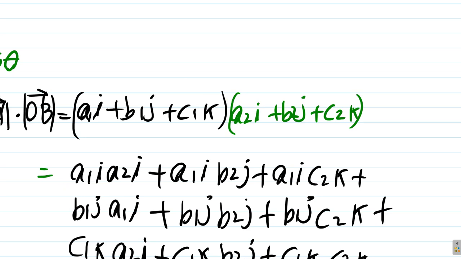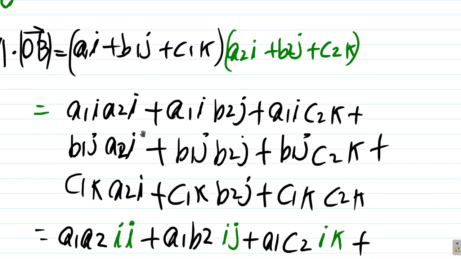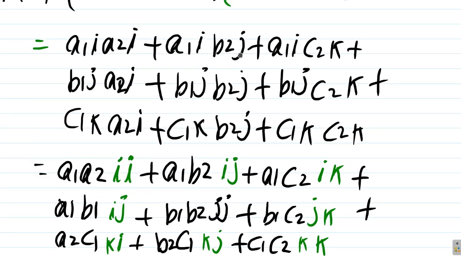Oh, it should be B1 A2. My mistake there. It's B1 A2. Alright, just finish checking. B1 B2, then B1 C2. Okay, and then after that I have C1 A2, C1 B2, C1 C2. Alright, just double checking something. I identified a mistake there.